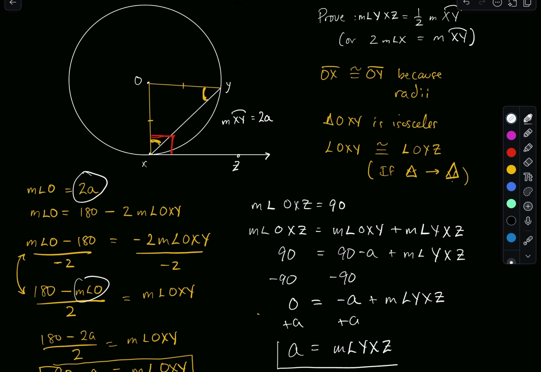Now we're going to look at what happens when the vertex is outside the circle. And all of these are going to have very similar formulas for the same reasons that the other ones did, because the vertex is in the same relative location to the circle, which is to say it's outside.